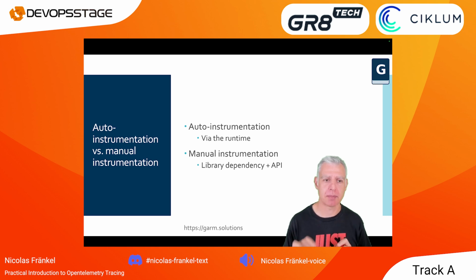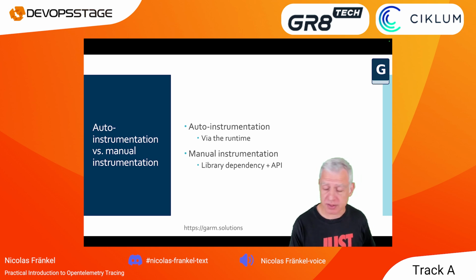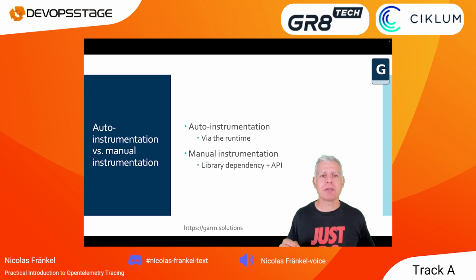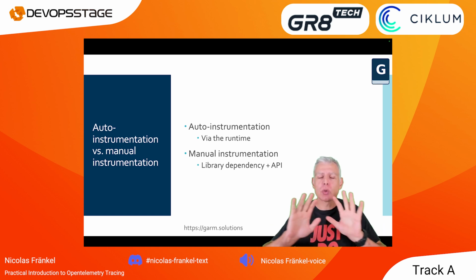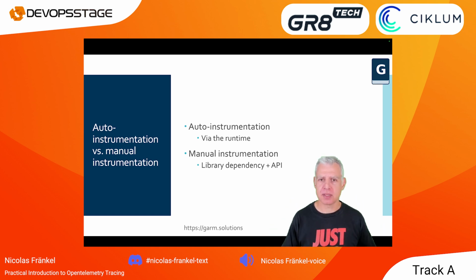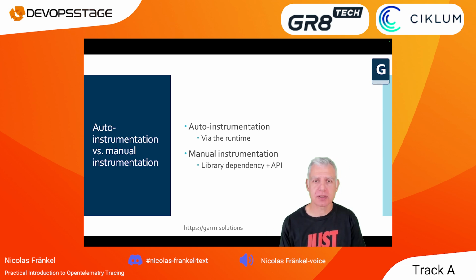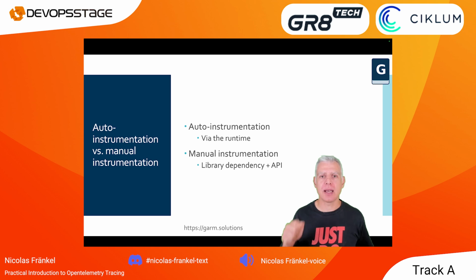If you have a runtime, like you are working with Kotlin or Scala or Java, you have the JVM as a runtime, then there is something called auto-instrumentation, meaning that the developers don't know anything about OpenTelemetry, they are not even aware that something will be instrumented afterwards. At runtime, there is something on the JVM, it would be an agent, for example, that will instrument the code and send the OpenTelemetry data to the OpenTelemetry collector.